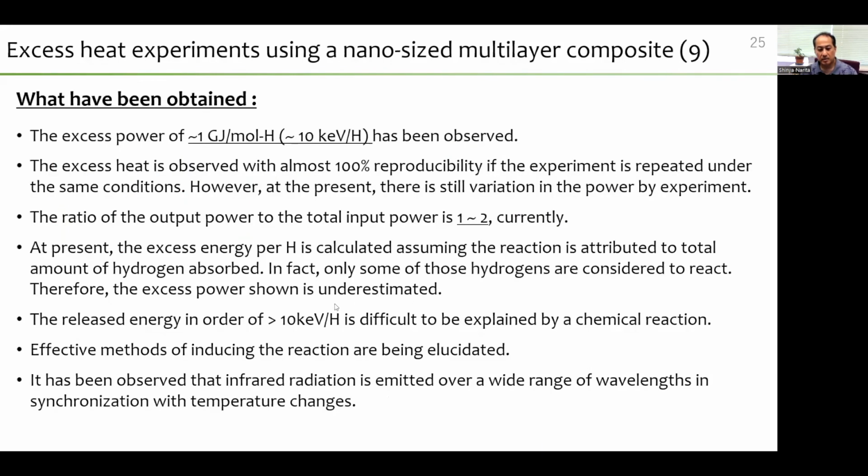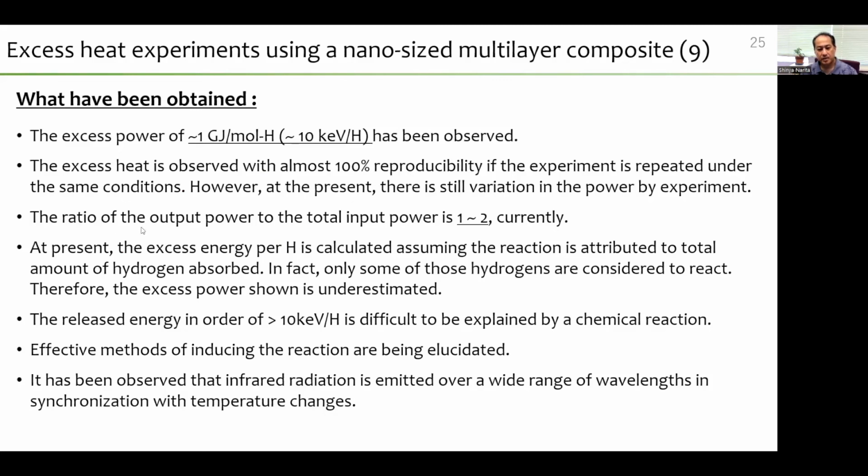So this is a summary of what has been found so far in this study. Excess energy of 1 gigajoule per mole of H, and about 10 keV per hydrogen atom, has been observed. This excess heat generation was observed with almost 100% reproducibility.